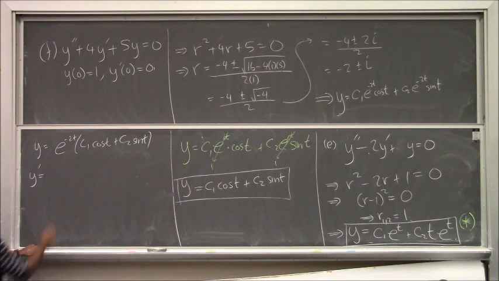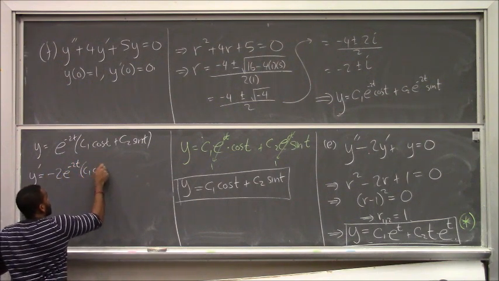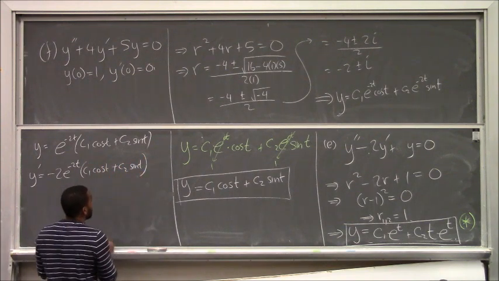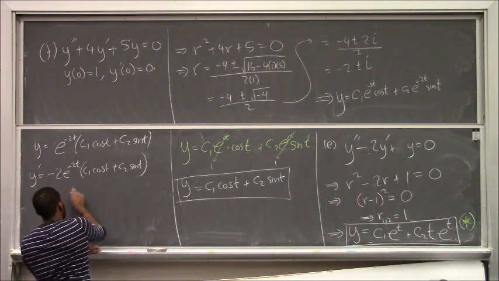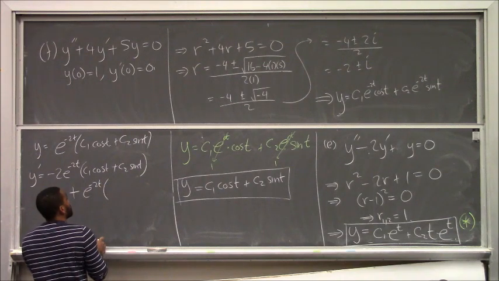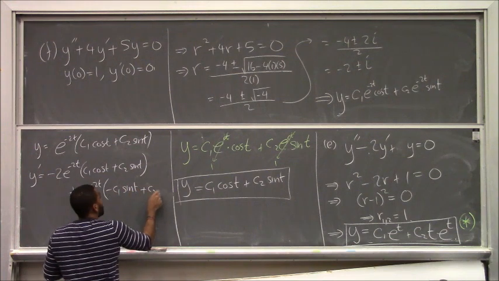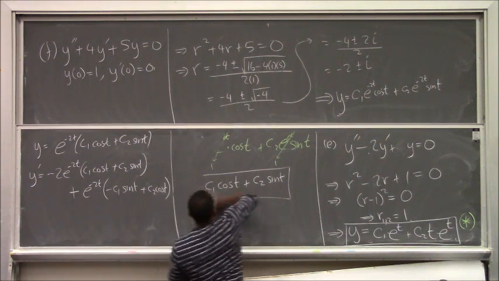Negative 2c1 e to the negative 2t, plus e to the negative 2t times negative c1 sine t plus c2. So that's our derivative.